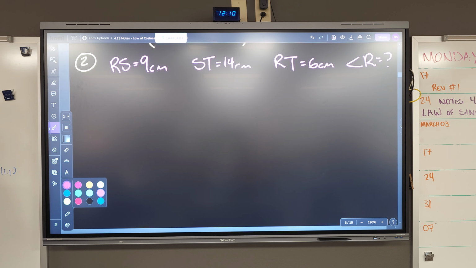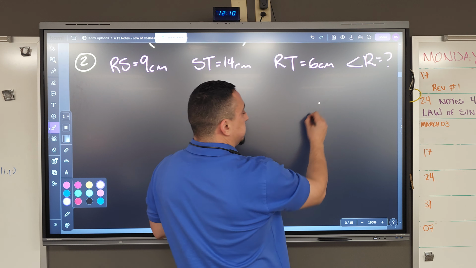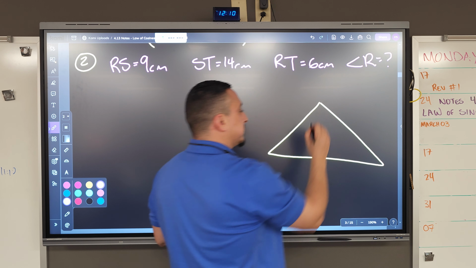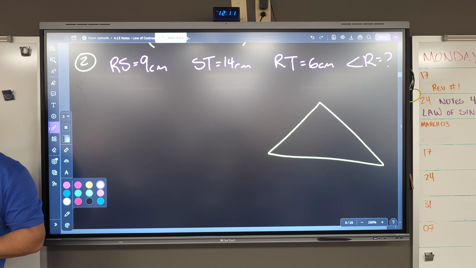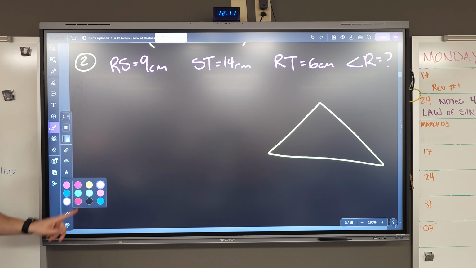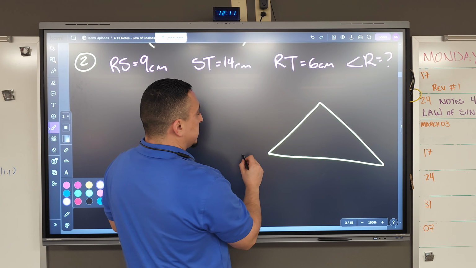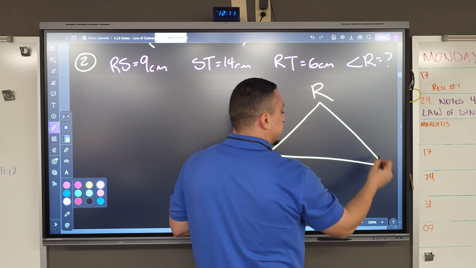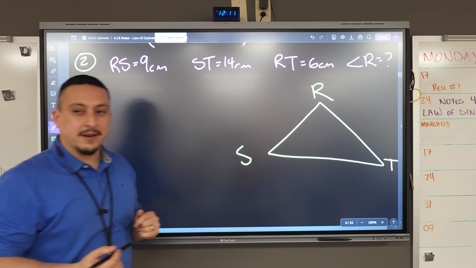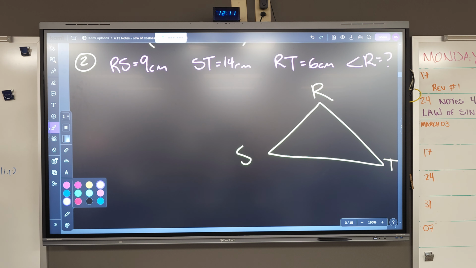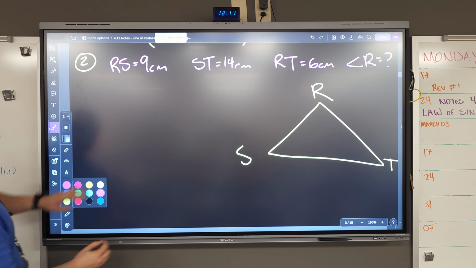Okay, so we're going to have to do a little cleanup because our formulas come in ABC, they don't come in SRT, okay? So we just draw the triangle. There's different ways you could do this, but I'm just going to start with their labeling. So SRT. Okay.